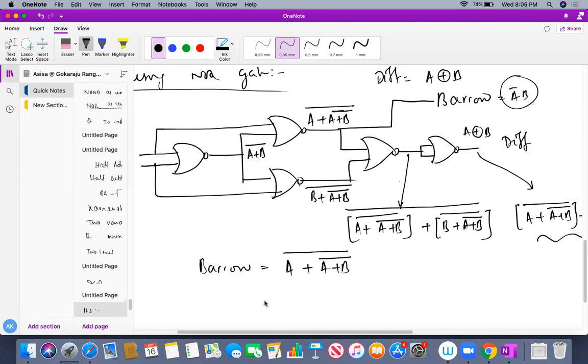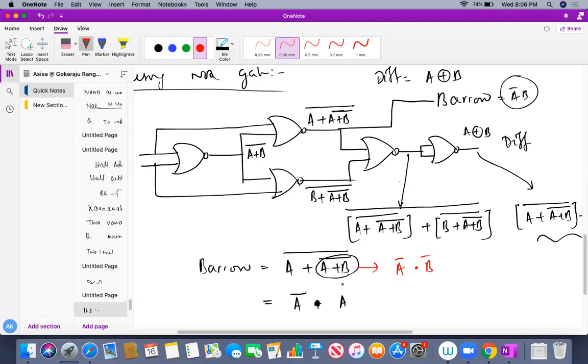So in order to do that, what you need to do, you just have to apply De Morgan's theorem here. If you apply De Morgan's theorem, it's A bar, or, so this is dot, because the or operator will change to dot operator, and this will be A or B. So if I apply here also De Morgan's theorem, what will I get, students? Very simple. If I apply De Morgan's theorem here, I will get A bar and B bar.